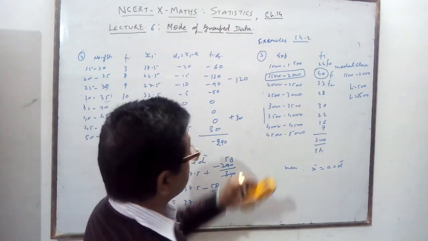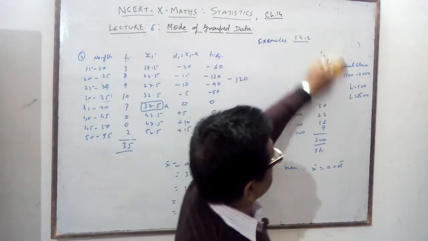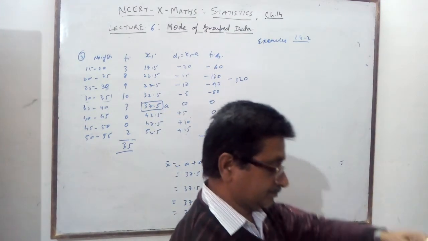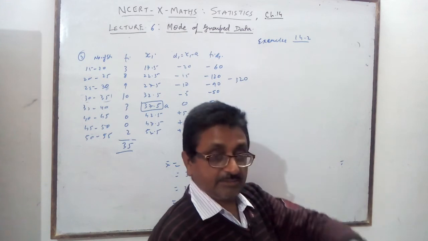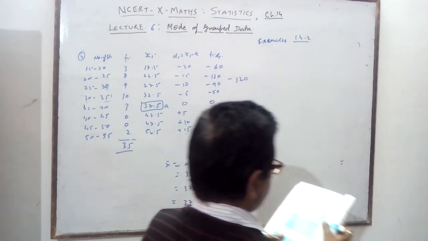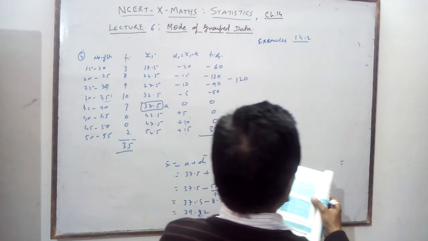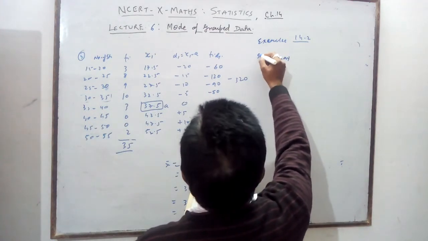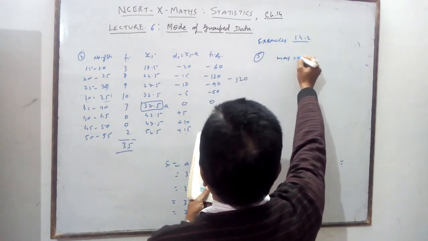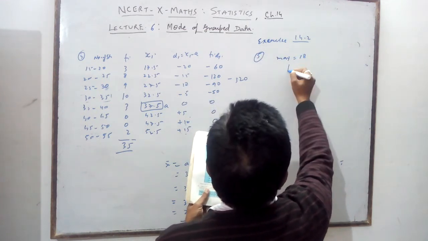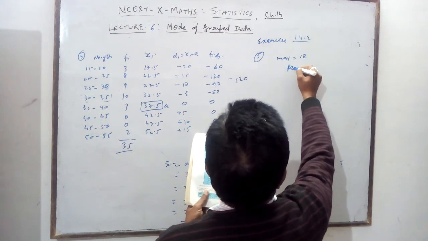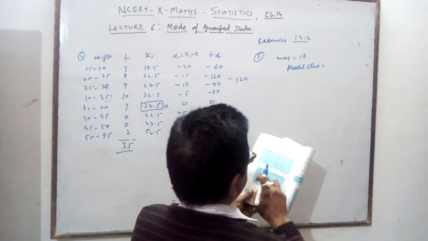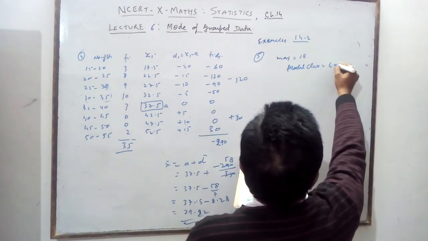Question number 4 is over. Now we will see question number 5. The given distribution table is given, find the mode. The maximum frequency is 80, so it is your F1. The modal class will be 4000 to 5000.